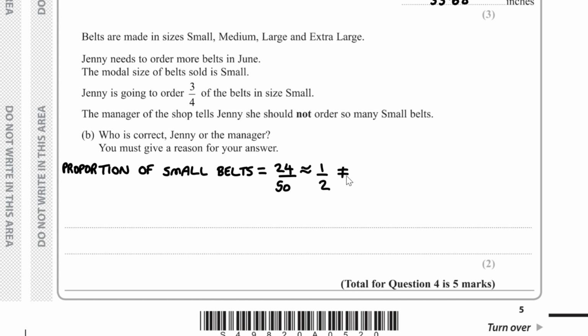And this is not equal to the 3/4 which Jenny is suggesting. Okay, so the 3/4 here corresponds to what Jenny is going to order. So therefore, you can see here that the manager is correct. So the manager is correct.